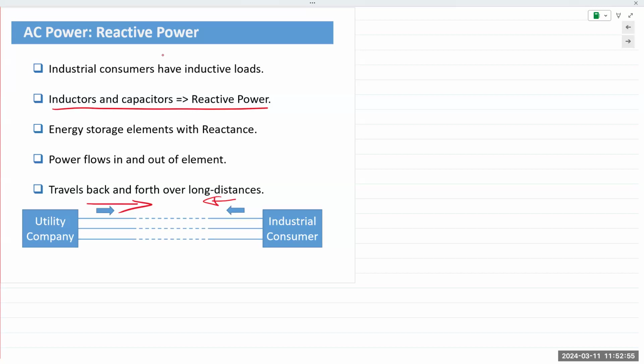And so we use the capacitor. The capacitor is similar to the inductor, yet it is opposite in many ways, right? So instead of traveling back and forth, what if we place a capacitor in front of that load?